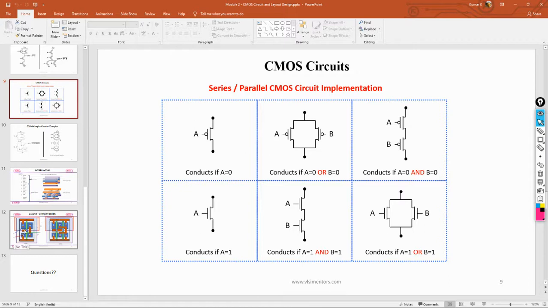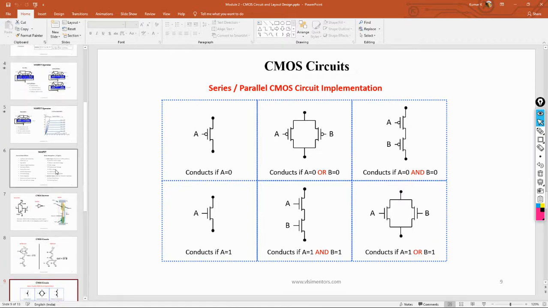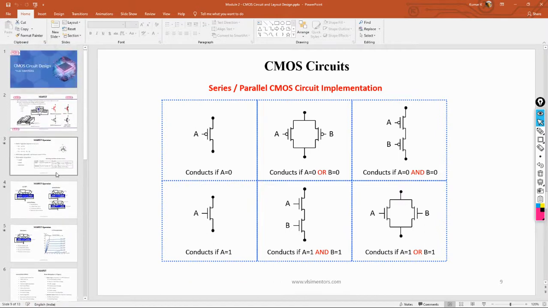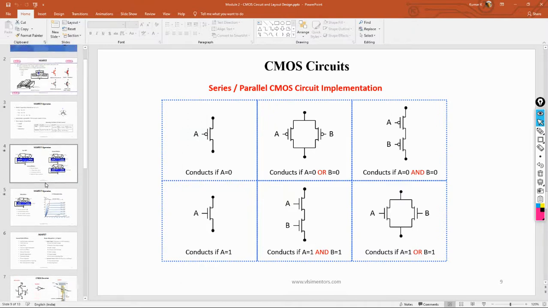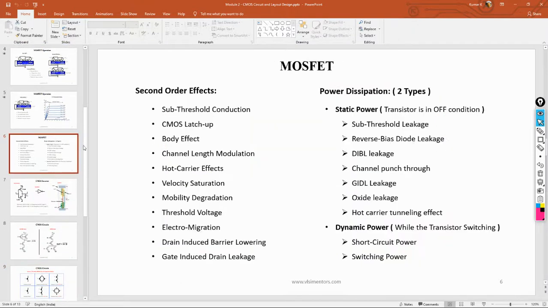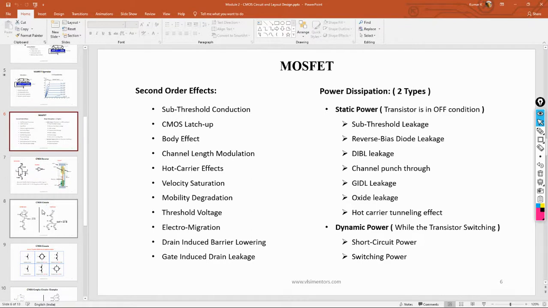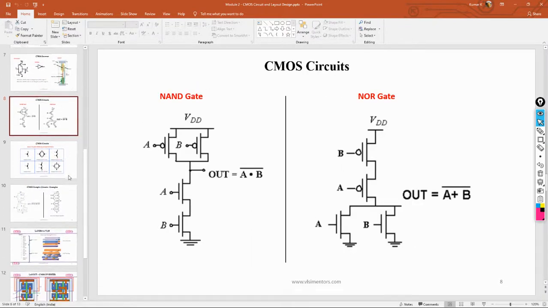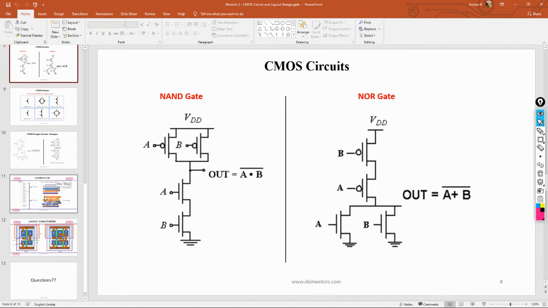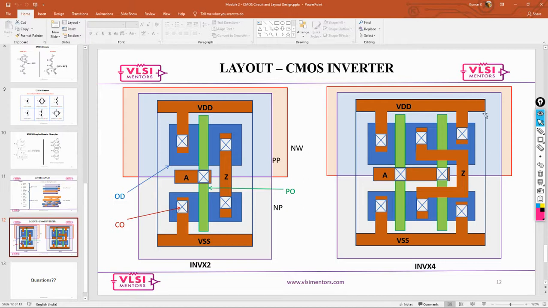Ideally, we would finish the basics of MOS in the next two classes. In the next class we have to cover the basics of MOS, the three modes of operation, second order effects, and power, and then we will go through the CMOS circuit design. The last class of the basics would be developing the layout for given cells.